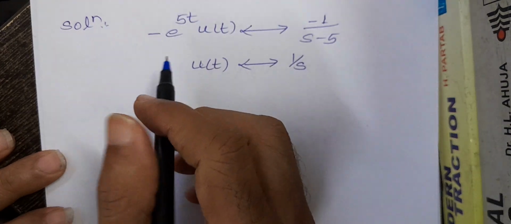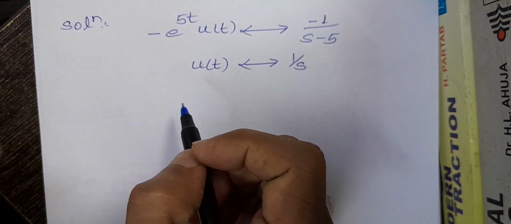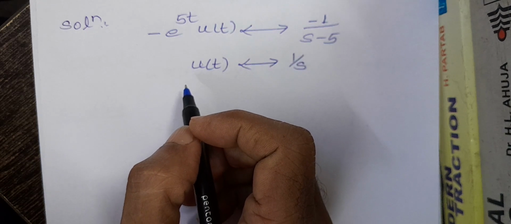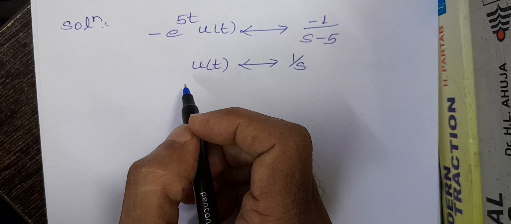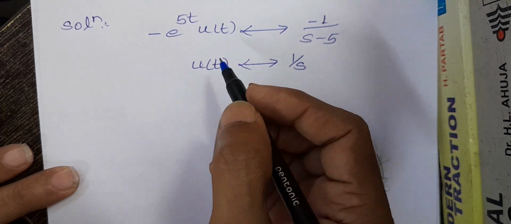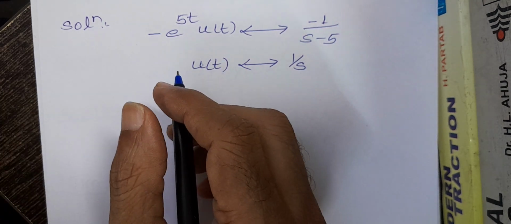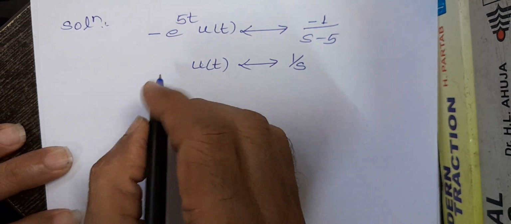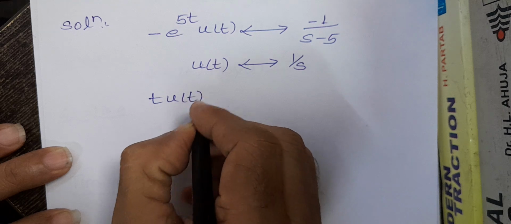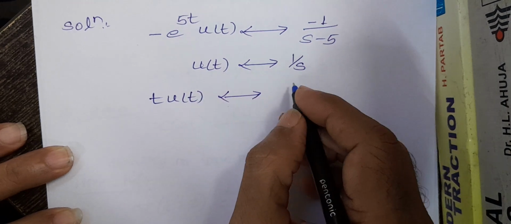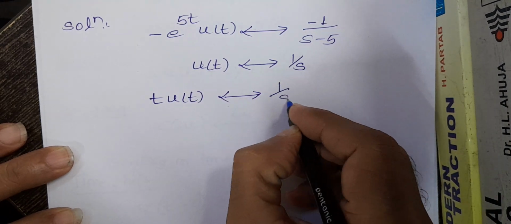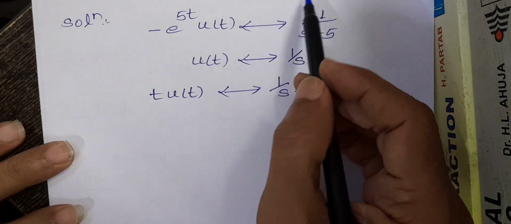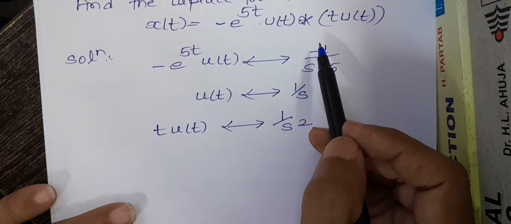Now applying the s domain differentiation, we know that t into u of t, what is the Laplace transform for this? It is 1 over s square.